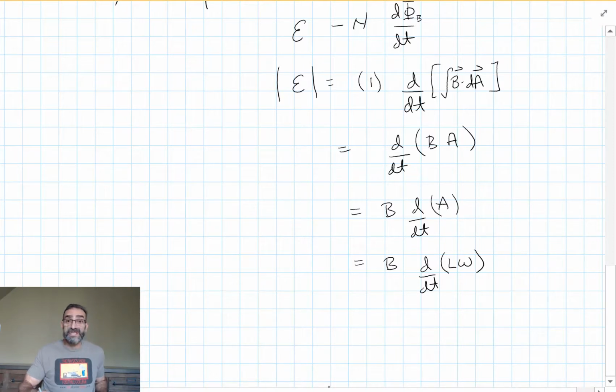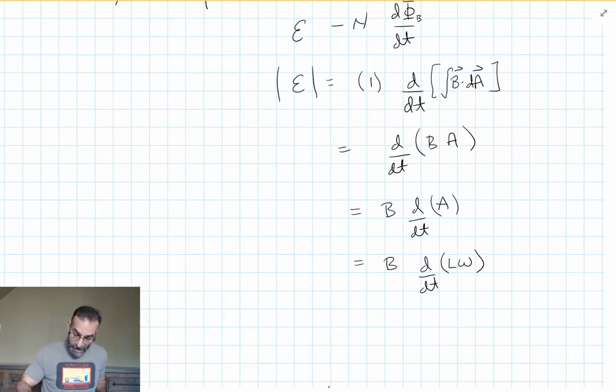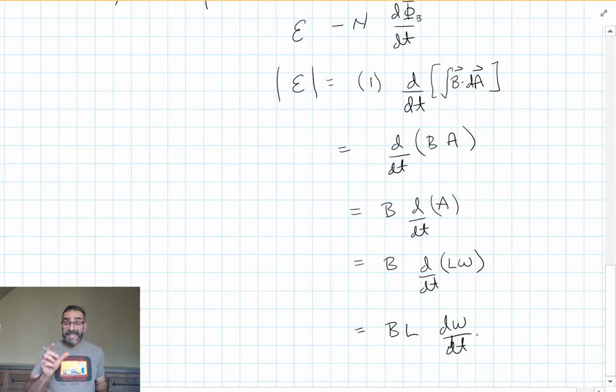And then I ask myself, what's changing in time? Is the length changing in time? No, that can come out. The width is changing in time. The width of my loop is changing in time. Well, what is dW/dt? The rate of change of the width with respect to time.